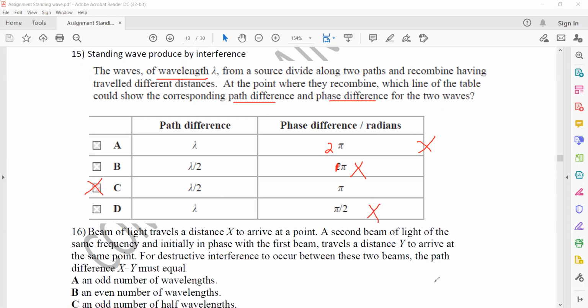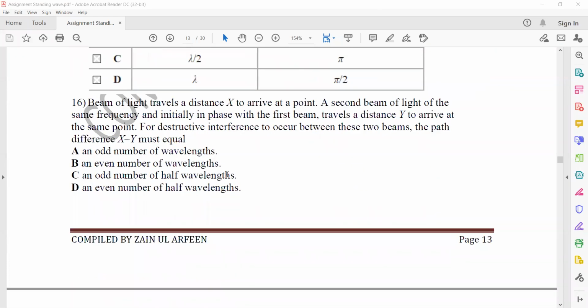Is it clear? Question 15. We simply have to use the concept, a simple ratio between the phase difference and the path difference.